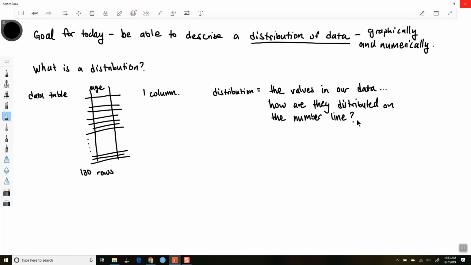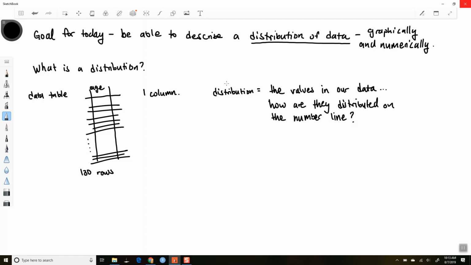And so there's a few ways to do this. One is we can do it graphically, and the other is numerically, okay? And this covers chapters 2 and 3 in the textbook, and we'll see how much I'm able to cover in our time here. Some of it you're gonna probably have to read up a little bit in the textbook.